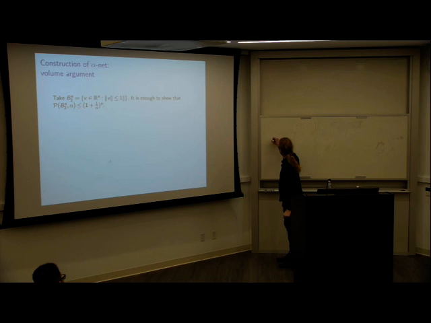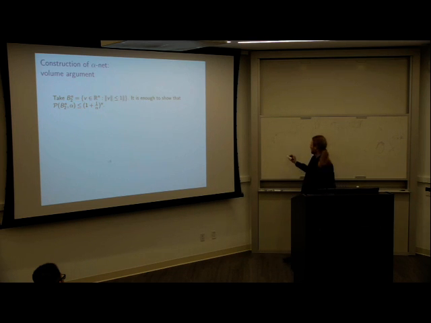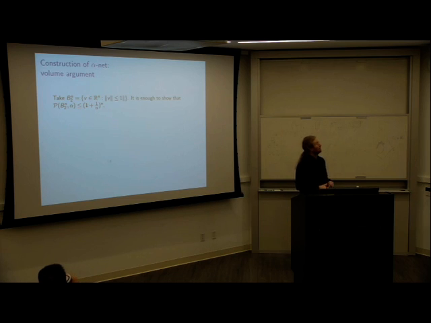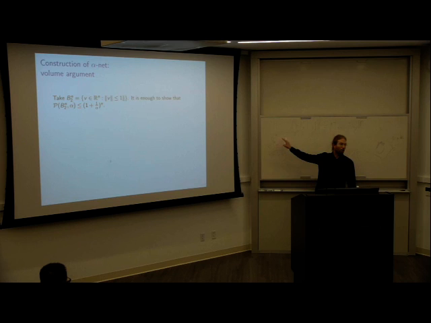I have my high-dimensional ball B_2^n, and I'm trying to upper bound how many balls of radius alpha I can pack in this ball. It's not quite packing balls inside of this B_2^n, just because I'm trying to find a set of centers.